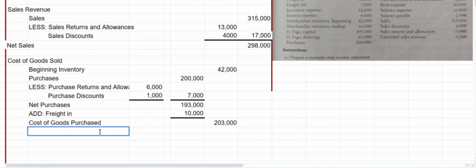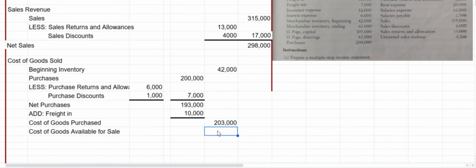And the reason why we're doing this is to figure out the cost of goods available for sale. And that's just all the goods that you are able to sell. To calculate this number, you take the beginning inventory, which is basically the merchandise you already have, and then you add all of the inventory that you purchased, and this number will give you all the goods that are available to be sold.